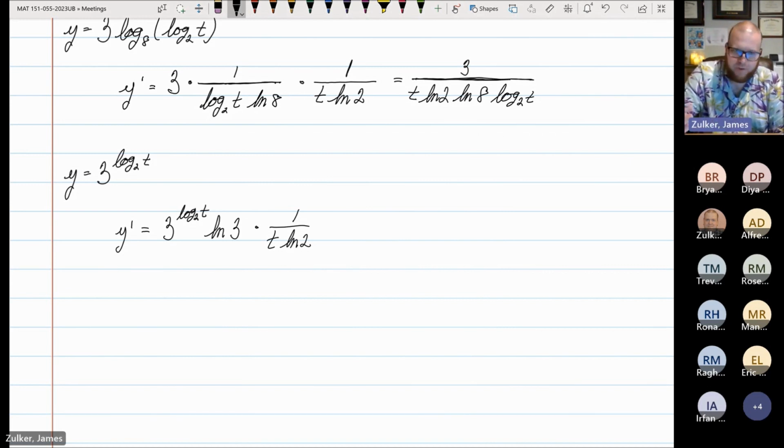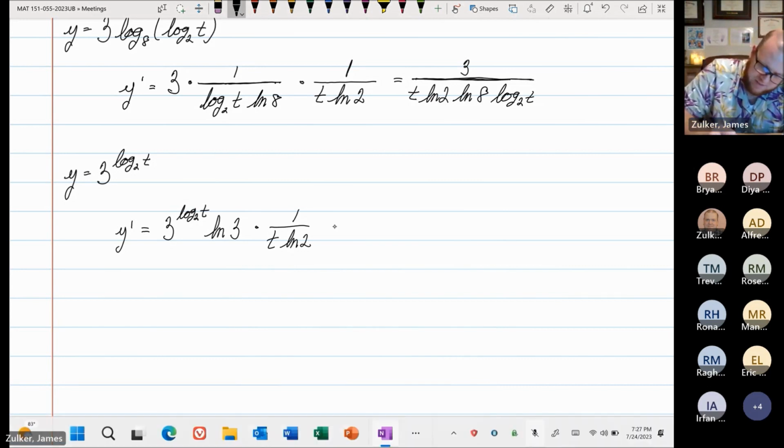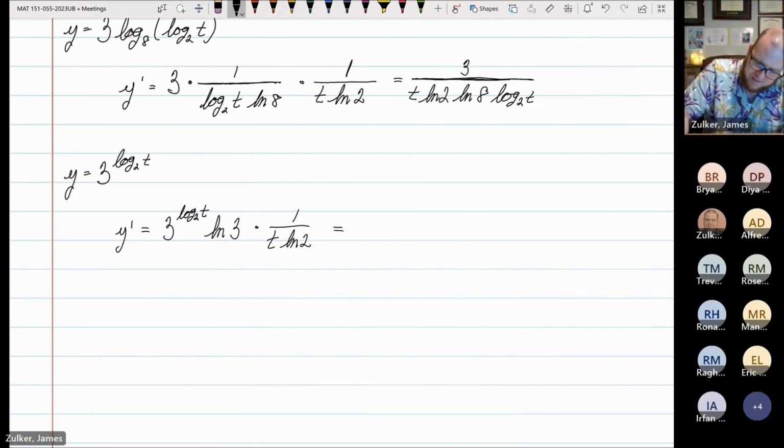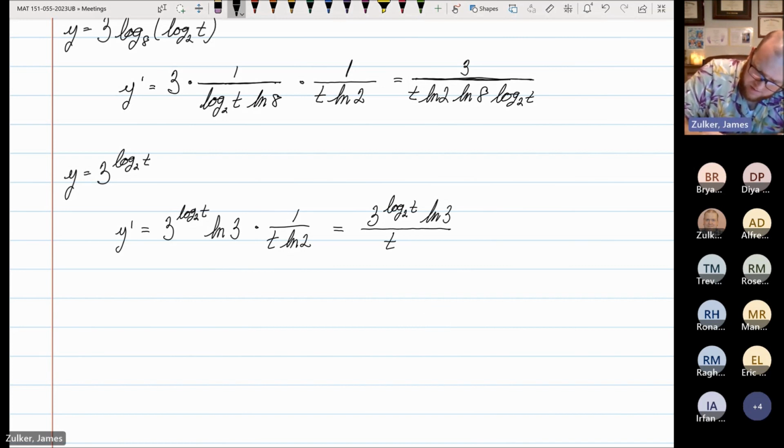Right, which is 1 over what you're taking the log of times the natural log of the base. Right, and that's just simplification.